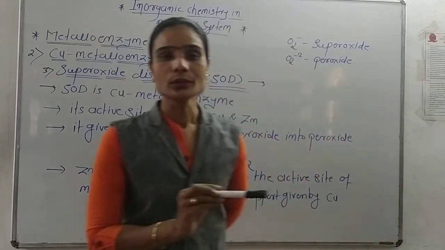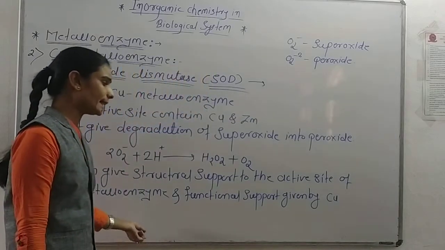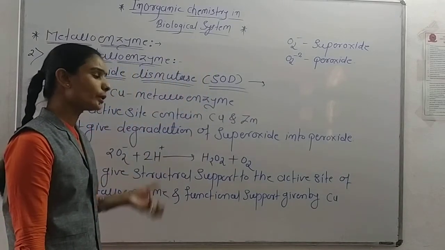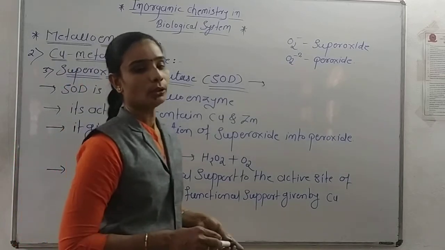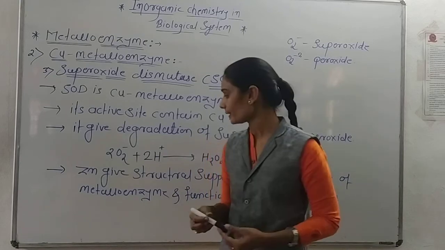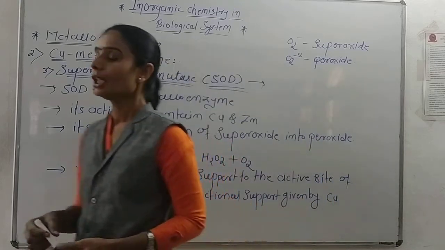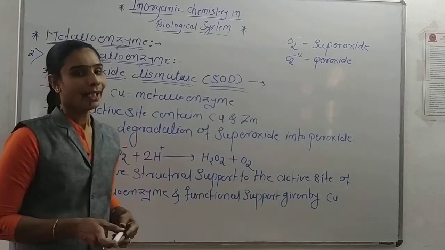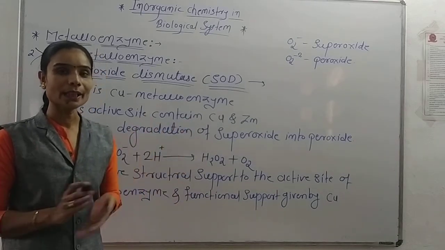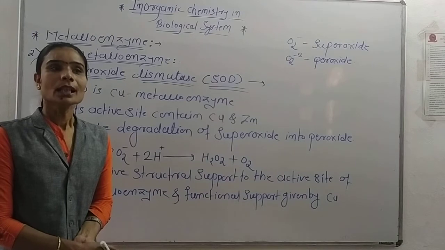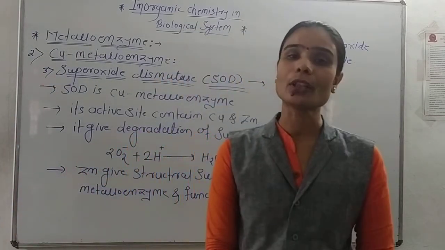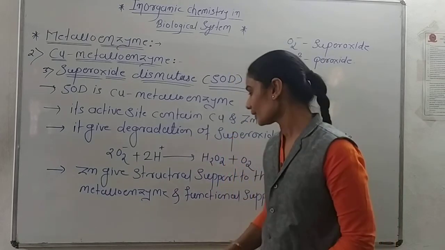The zinc gives the structural support to the metalloenzyme superoxide dismutase, and the main functional support is given by the copper. Okay, because copper shows the +2 oxidation state and zinc also shows the +2 oxidation state, and zinc does not have any unpaired electron in the +2 oxidation state, and copper has one unpaired electron in the +2 oxidation state.